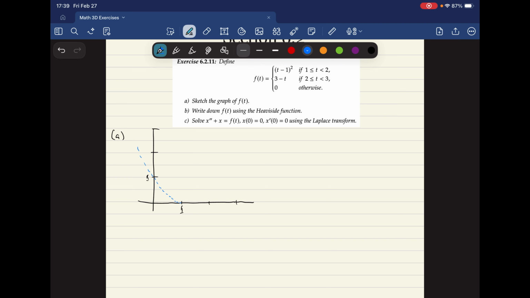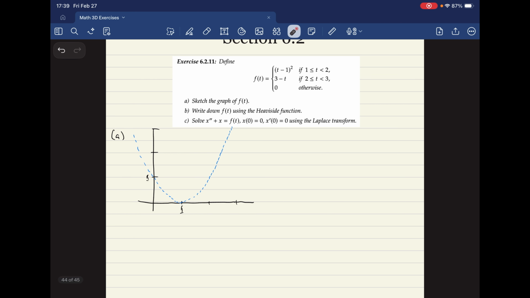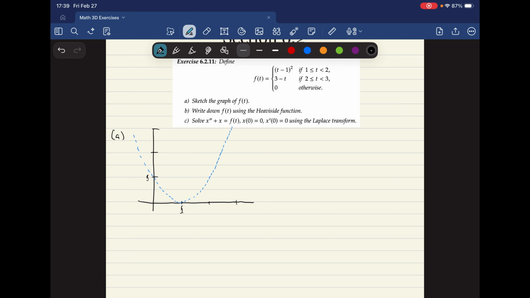Why am I doing dotted lines? Well, I'm not going to want to include the whole graph in my final sketch of f of t, because I'm only interested in the portion lying above whatever interval this piece is given for. In this case, this interval is from 1 to 2. If I add tick marks here, this is the graph of y equals t minus 1 squared.